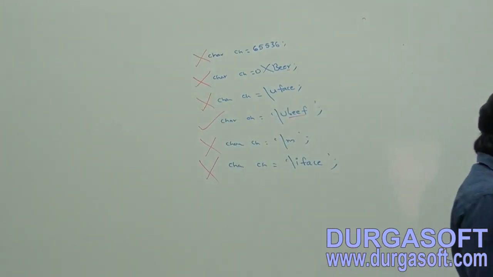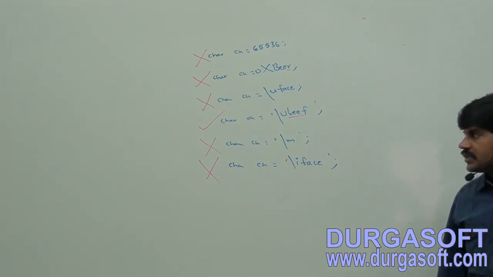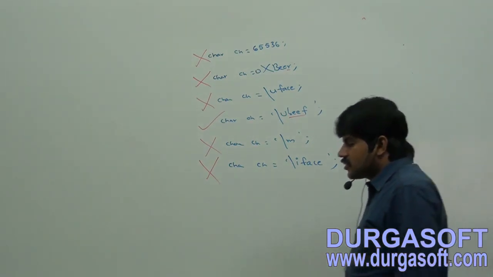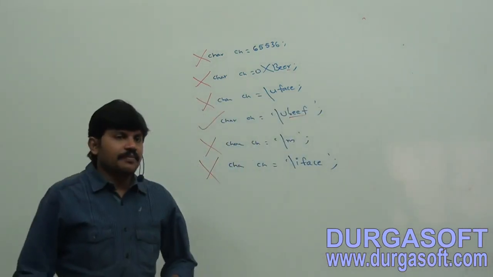These things are char literals. In how many ways can we specify a char literal? Four ways. These are various loopholes you people should be aware of.